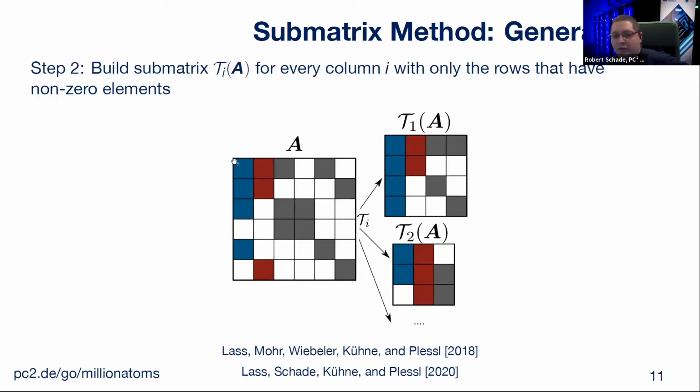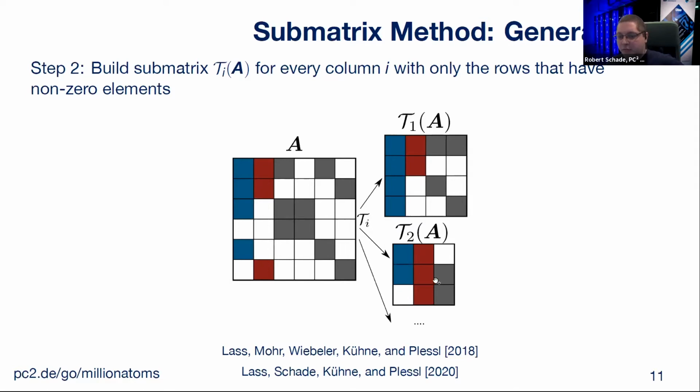In the next step, we create for every column the so-called submatrices, which we call T_i, so submatrix i of the matrix A. For the first column, this is created by removing all rows and their corresponding columns where we have zero entries. That means we remove the fourth row and column and the sixth row and column. We end up with a 4x4 submatrix, which is obviously smaller than the original matrix and denser than the original matrix.